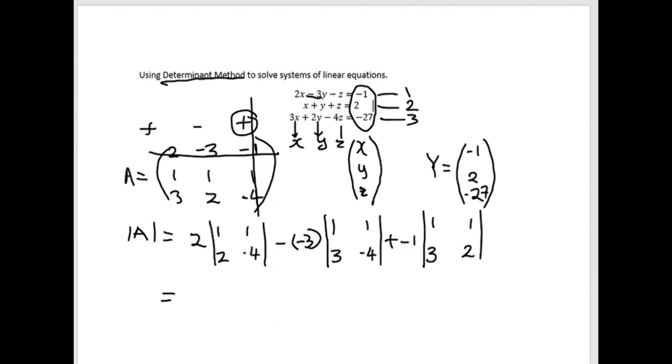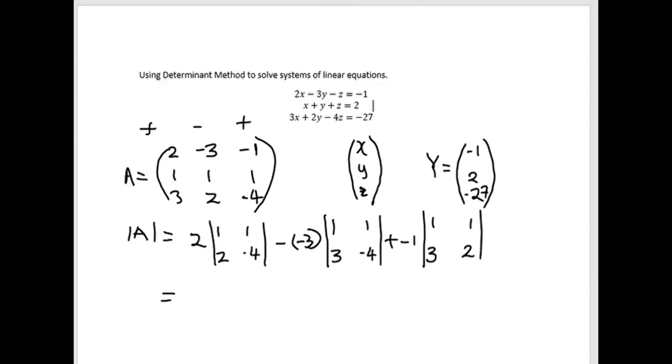The next thing I will do is to take the determinant of each of these, the way we do a normal 2 by 2 matrix. So my 2 will be outside the bracket, and then I'll multiply the elements. Take note, this is minus 4. I'll multiply the elements in the principal diagonal: 1 times minus 4 is minus 4.